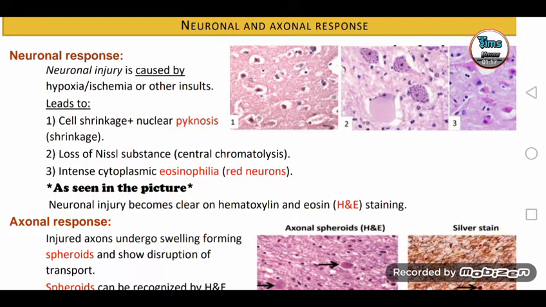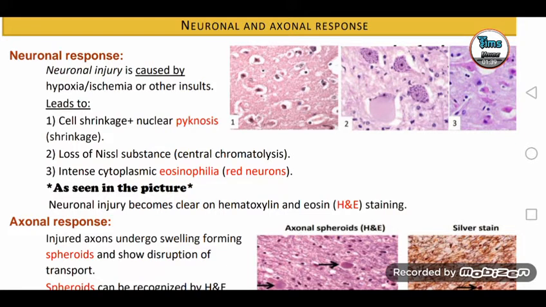The neurons are composed of the cell body and the axon. So we're going to divide this part as well into two parts. First of all, the neuronal response. The neuronal injury is caused by hypoxia, which means lack of oxygen, ischemia, which is a consequence of hypoxia, and other insults.